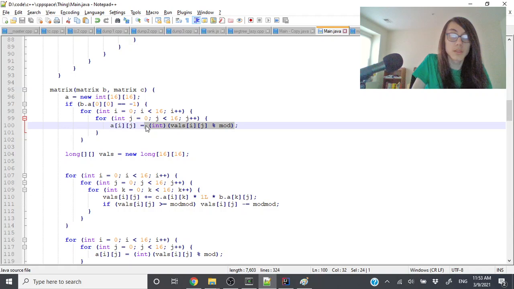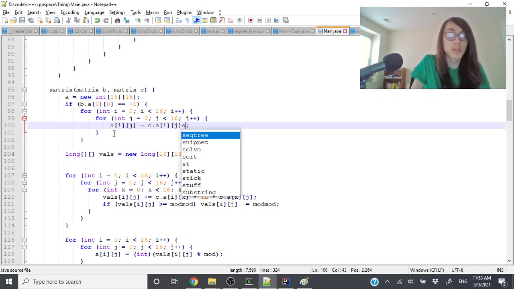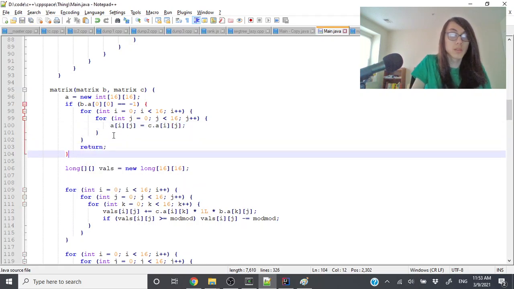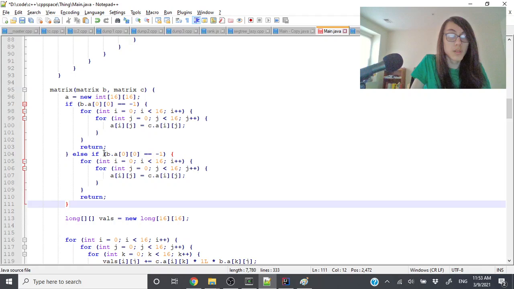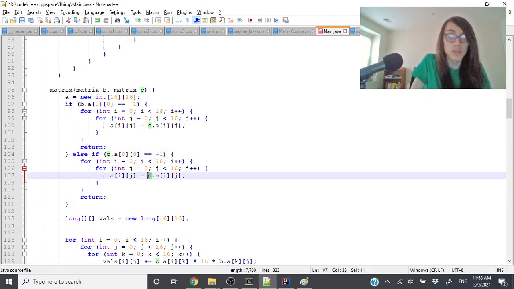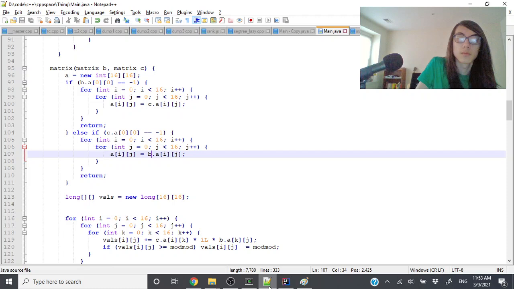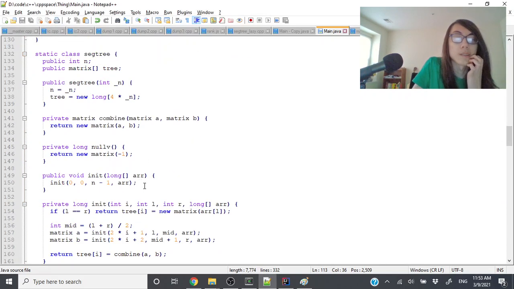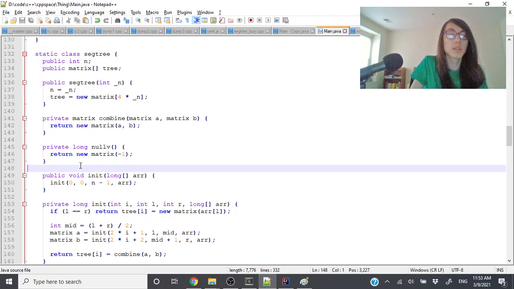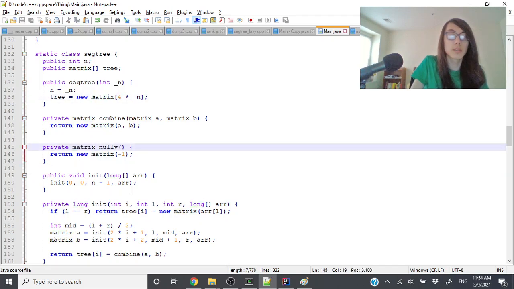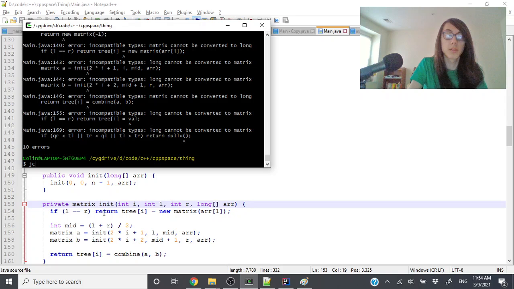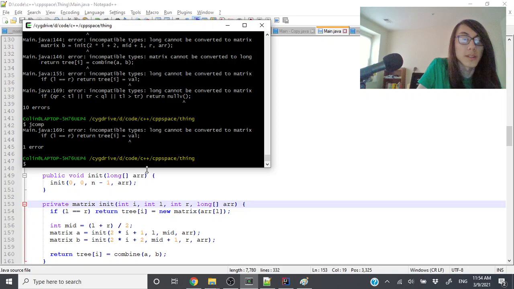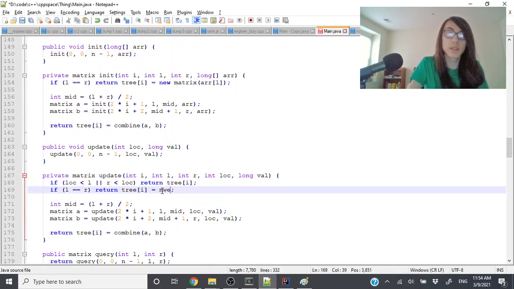C.A ij. Change this to C. Change this to B. Otherwise, do the matrix stuff. So it doesn't like that. Doesn't like that. This should be a matrix. How many errors does that fix? 1 error. New matrix.